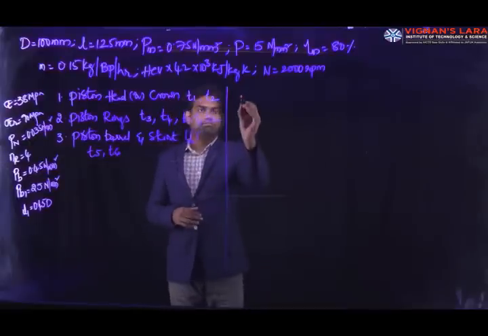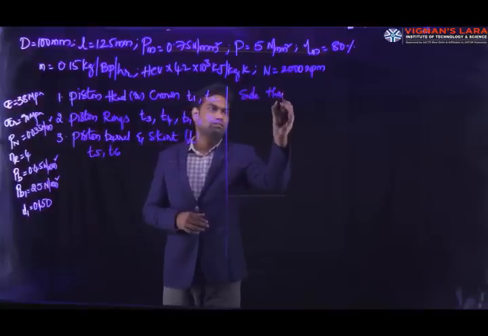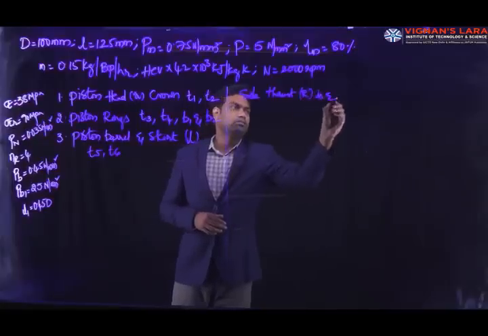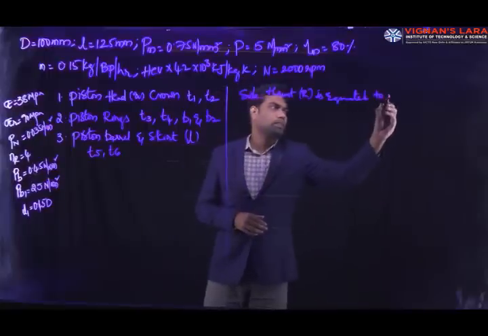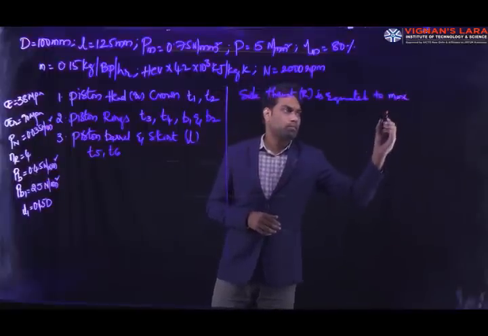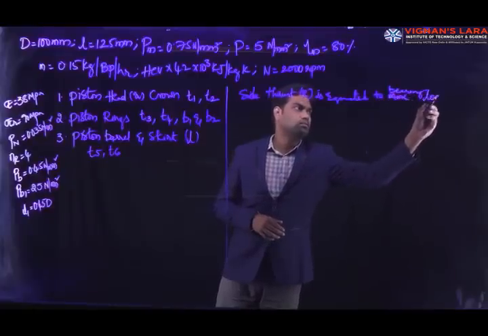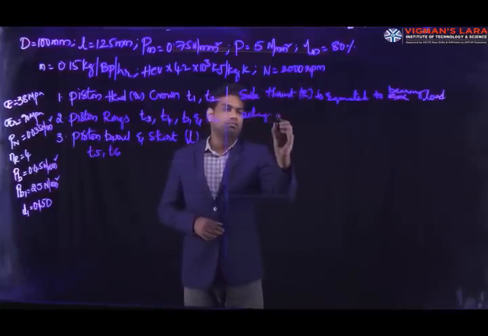So the side thrust denoted by R is equated to the maximum bearing load acting on the skirt.